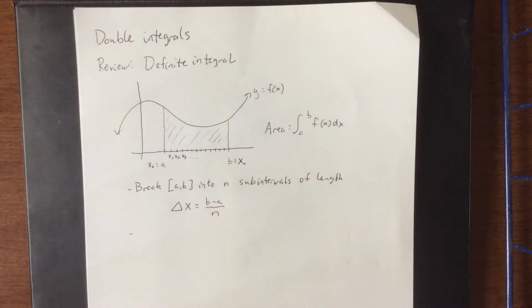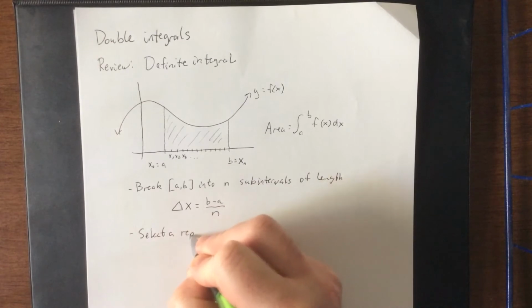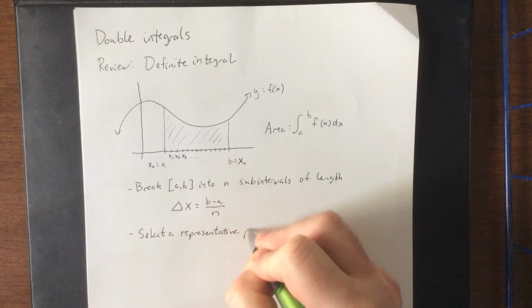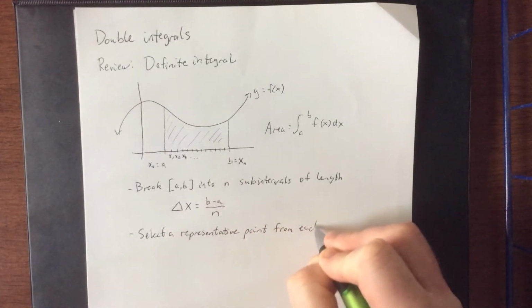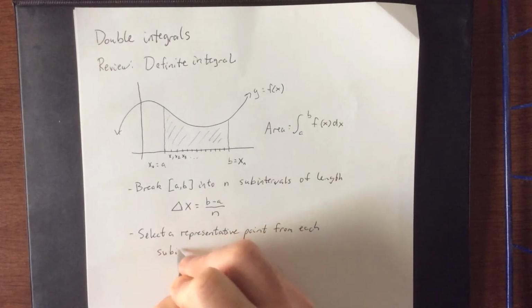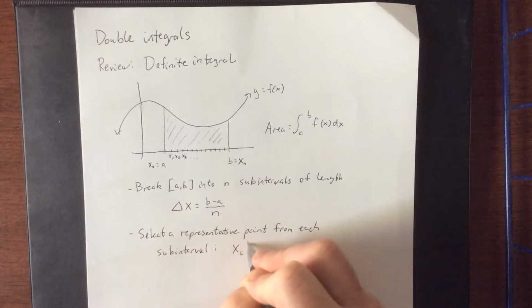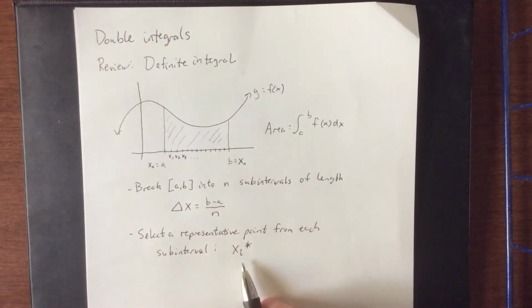Then, depending on whether we were doing a left-hand approximation, right-hand approximation, midpoint approximation, whatever it was, we said select a representative point from each subinterval. That point needed two things. First off, it needed an index. We refer to this as x sub i.